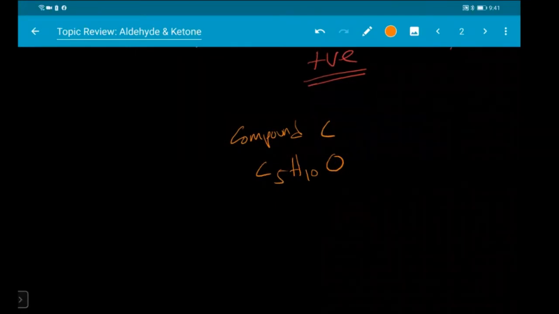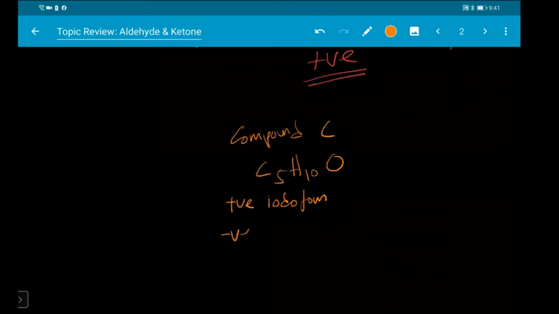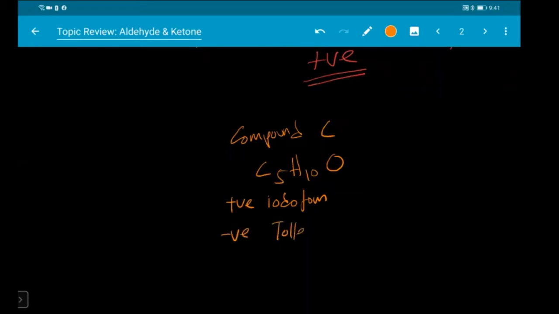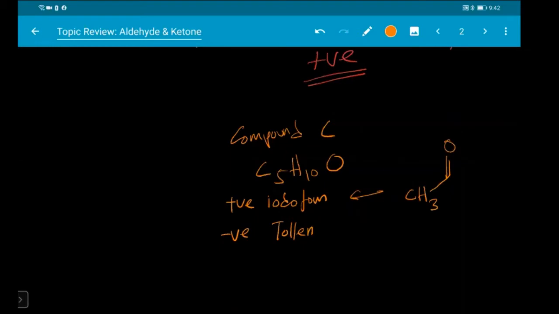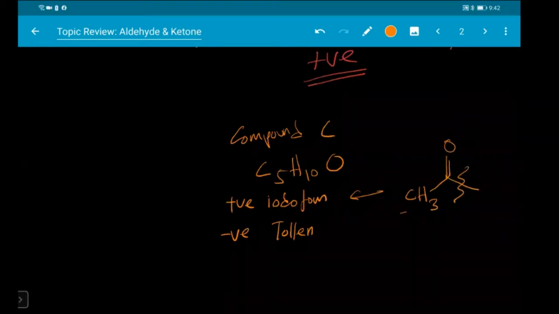Alright, apa lagi yang kita tahu? It gives a positive result towards iodoform and a negative result for Tollens'. Daripada info ni, you should know that kalau positive iodoform means that it has a methyl group attached to the C double bond O. Okay, regardless apa yang bercantum dengan dia yang lain, yang penting ada CH3.